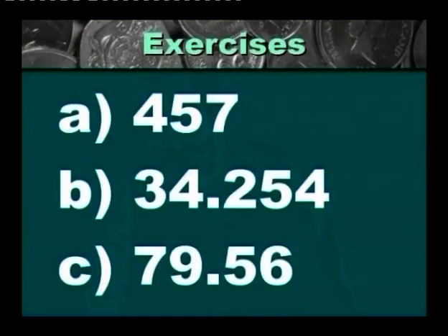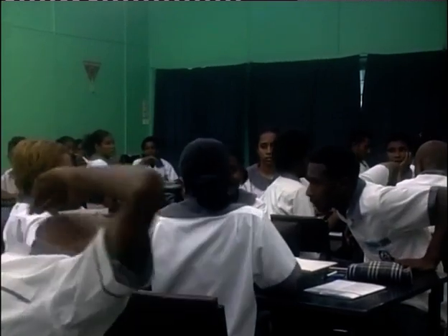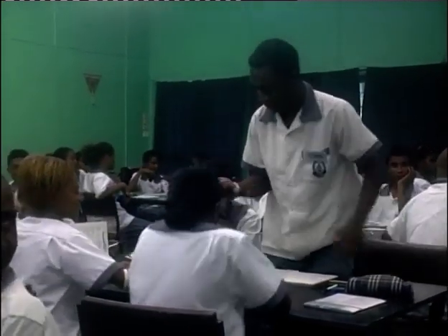Okay, group number 3 and 4, exercise B. Your number is 34.254. You are going to find the value of the number 5. So what is the value of the number 5? Group 3. 5/100.